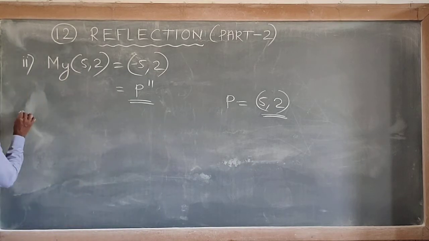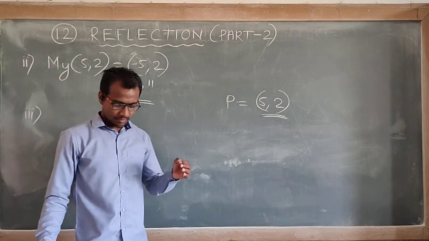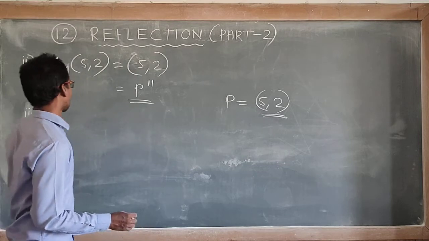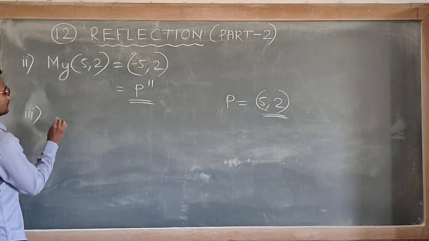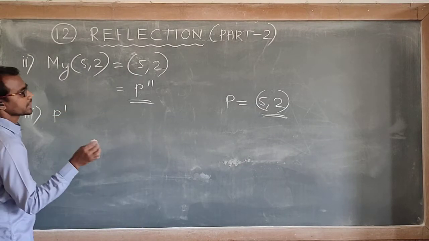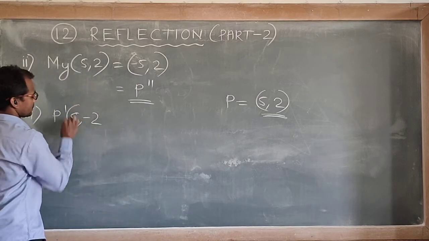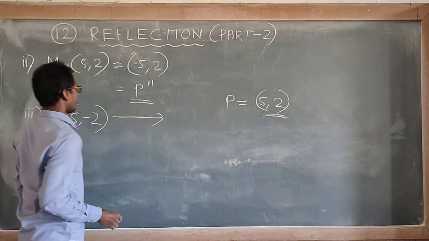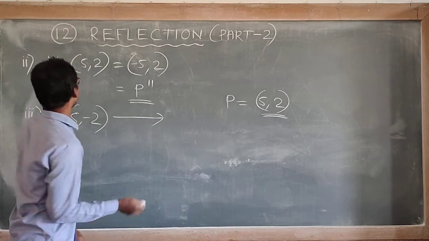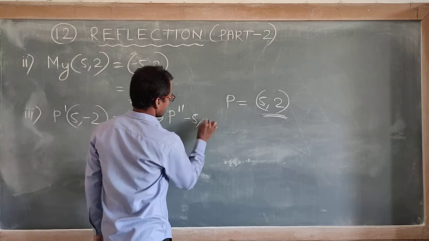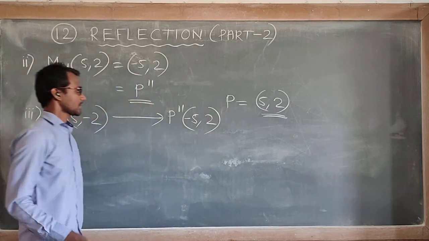Next, the third bit: write down the name of a single transformation that maps P dash to P double dash. P dash was 5 comma minus 2, which was given in the question. This is mapped onto P double dash, which is minus 5 comma 2.